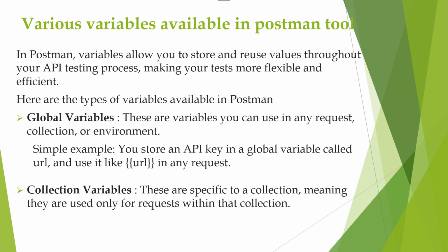Since global variables have the broadest scope available in the Postman tool, they are well suited for testing and prototyping. For example, if you have an API key which you need to use in many requests, then you can save it as a global variable. In our previous video, we had seen how to use this global variable in the requests.